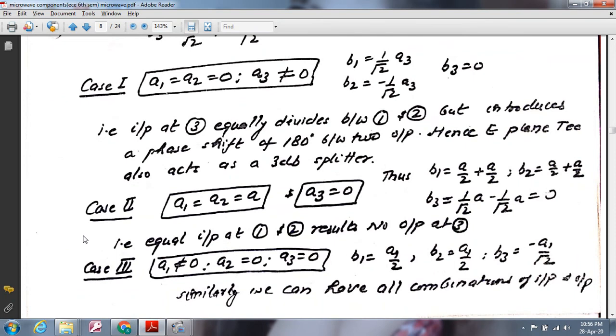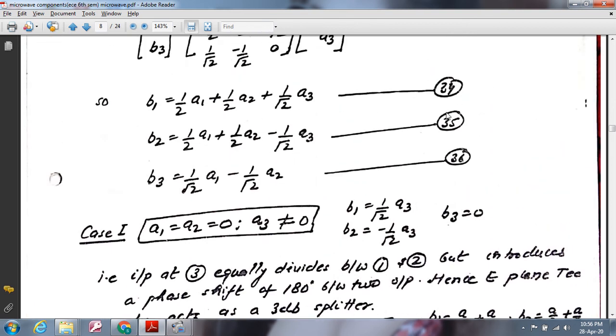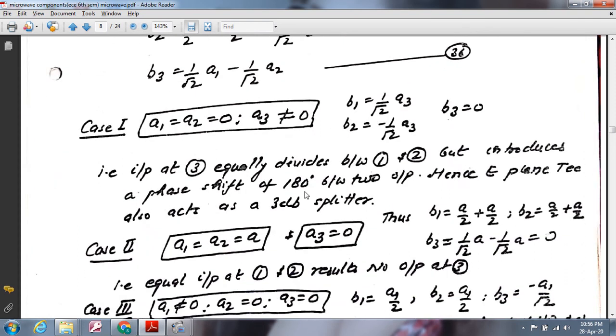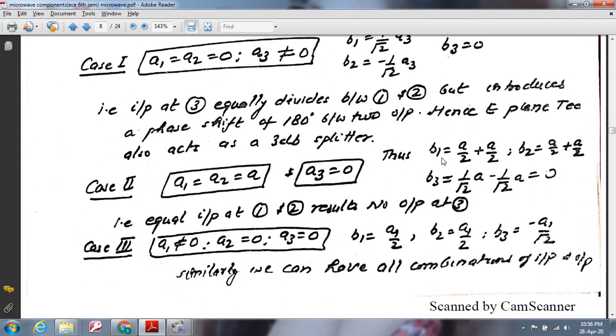If we consider case 2, we assume there are inputs at port number 1 and port number 2, and that input is A, and there is no input at port number 3, that is a3 is 0. If we put case number 2 in equations 34, 35, 36, we get the corresponding outputs b1 as a2 plus a by 2 plus a by 2, b2 as a2 plus a by 2, b3 equals a by root 2 minus a by root 2, that is b3 will be 0.